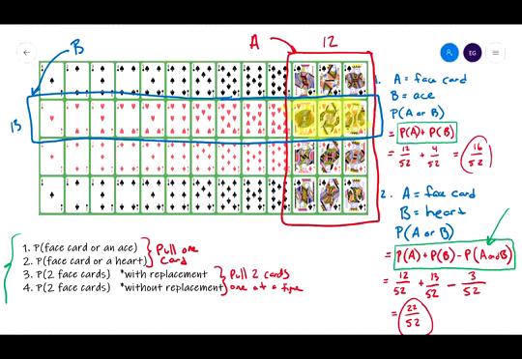So now, event A is the card is a face card, and event B is also the card is a face card. So face card first, face card second.